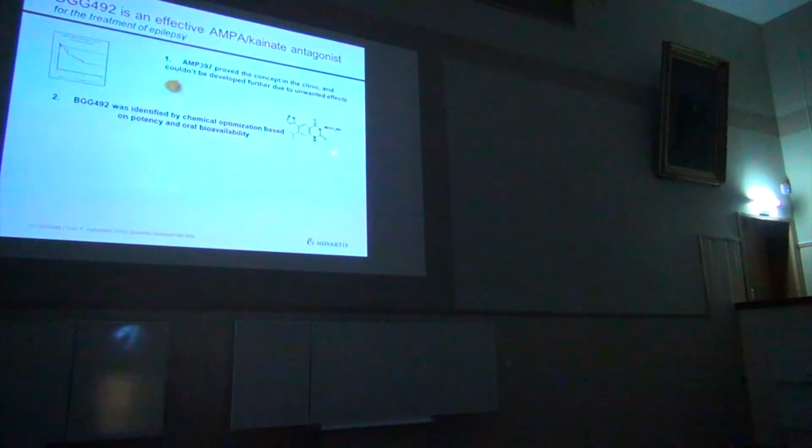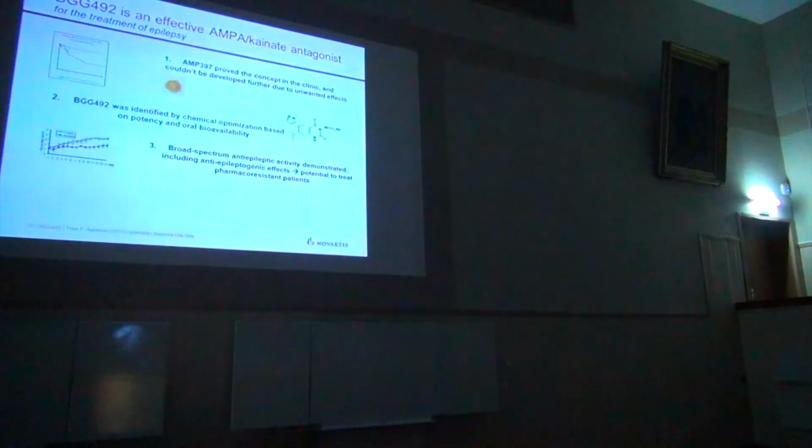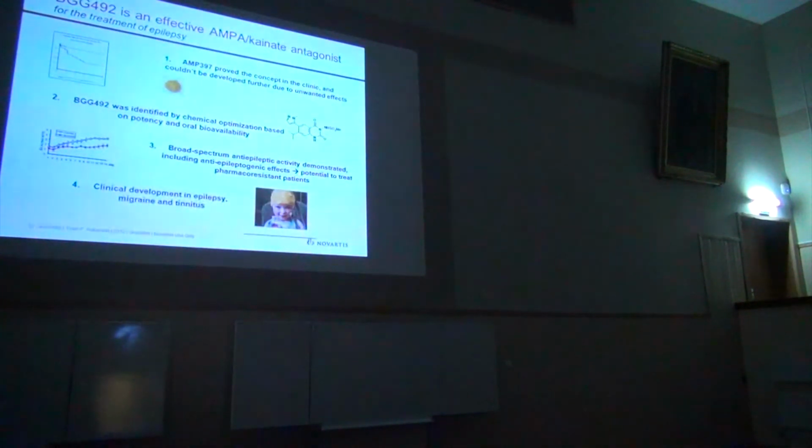This molecule became our clinical candidate and shows properties that are very similar to MP397, including a very broad spectrum of anti-epileptic activity and efficacy against epileptogenicity, which is a very important parameter. So this compound has the potential to treat pharmacoresistant patients. And it has entered clinical development in epilepsy, but also for migraine and tinnitus.